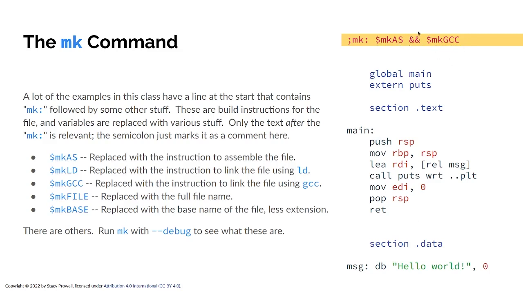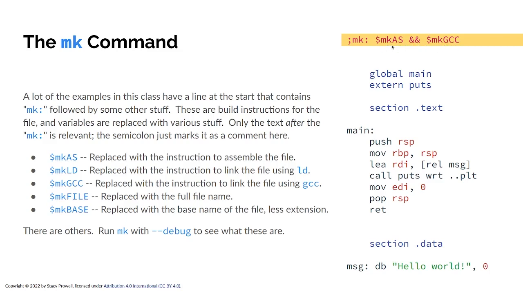Now the two ampersands here, that's a bash thing, and what it says is if the previous command succeeded, if the return value of this was 0, then do this. So assemble, and if the assembly phase works, then link.